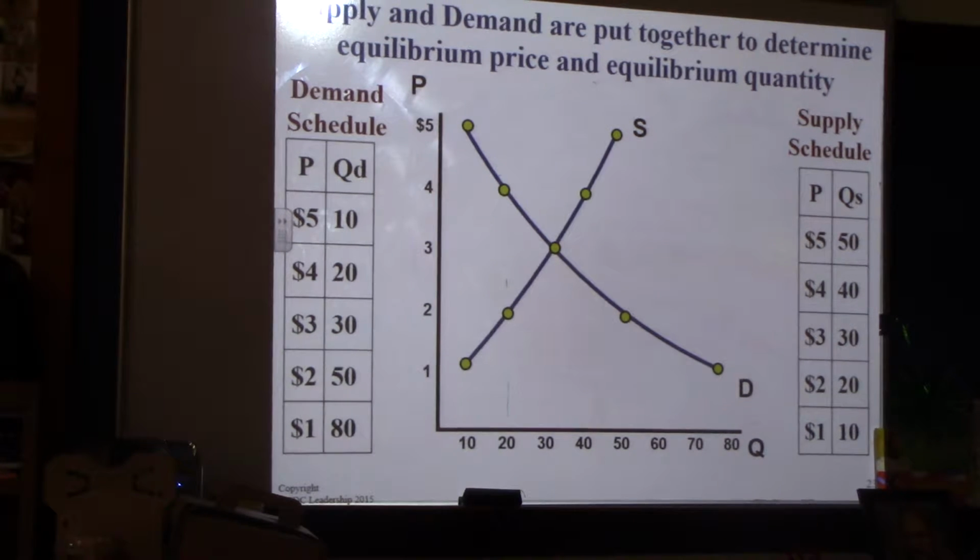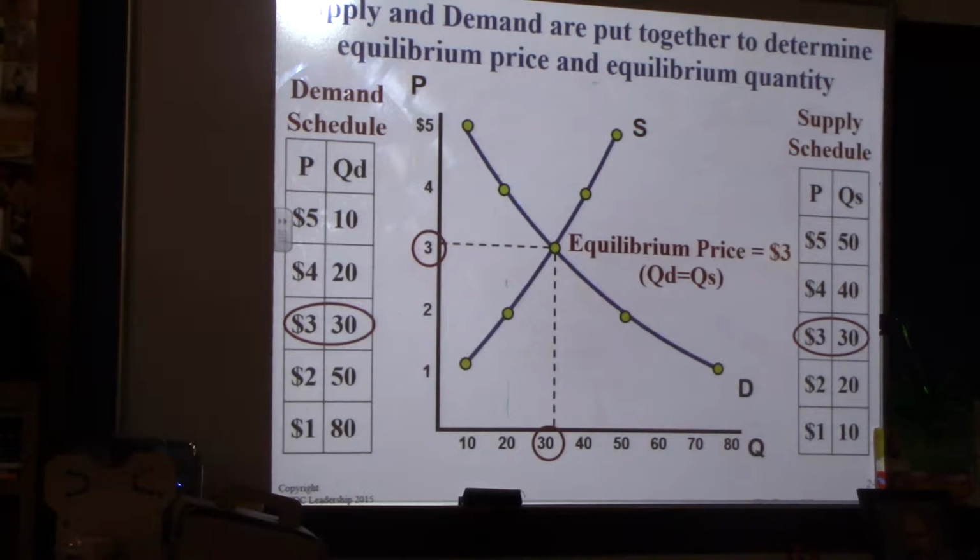Now, you'll notice the equilibrium price is $3 and the equilibrium quantity is 30. A good idea is to write down where quantity demanded equals quantity supplied.